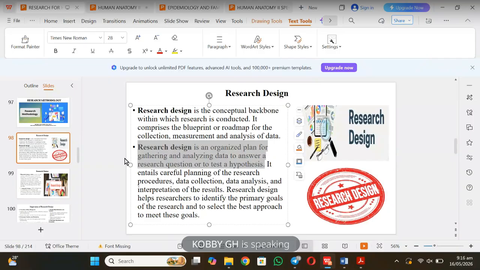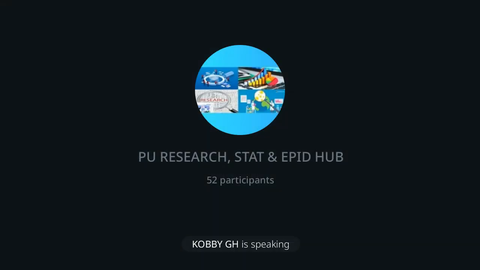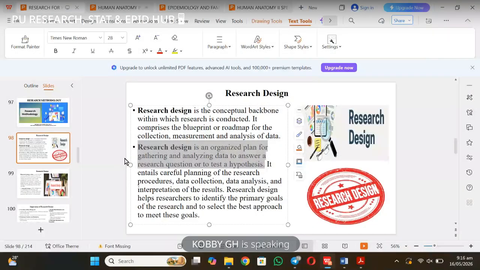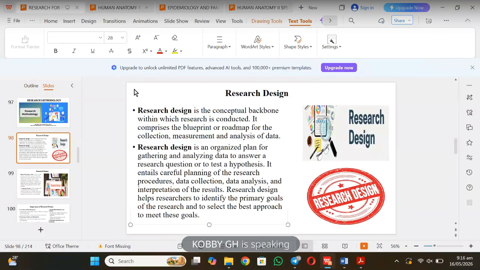Now the questionnaire comes under research design. Your design will tell whether you use a questionnaire or an interview guide. Is that okay? Great. So the overall strategy that a researcher uses to get answers to your research questions, that is what we call research design.